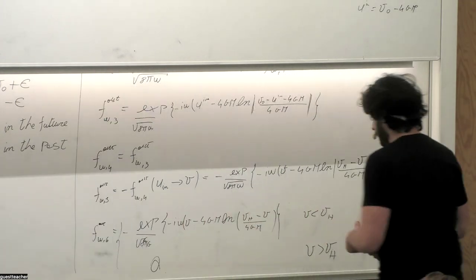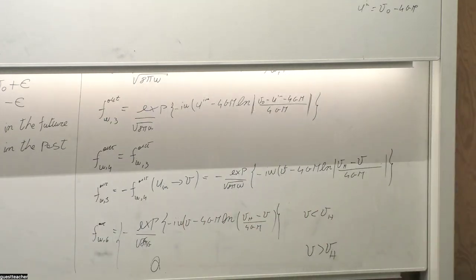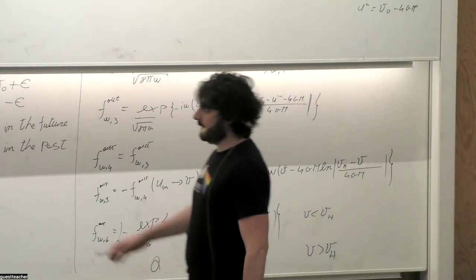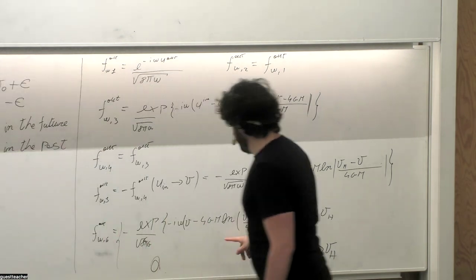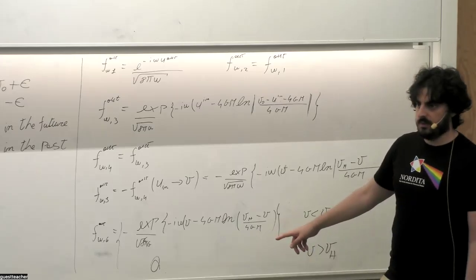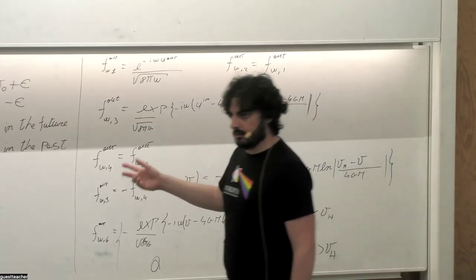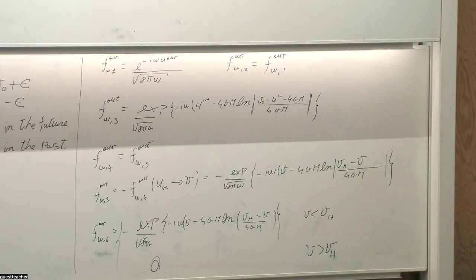It's ill-defined if v is exactly vh, because it's basically Scri plus infinity. It arrives at vh, and you get an infinite phase. Luckily, when you perform the integral, this does not really matter, but it's not well defined at v equal vh. Yeah, that is a very good point. Thanks.